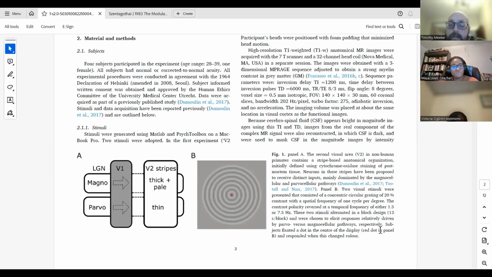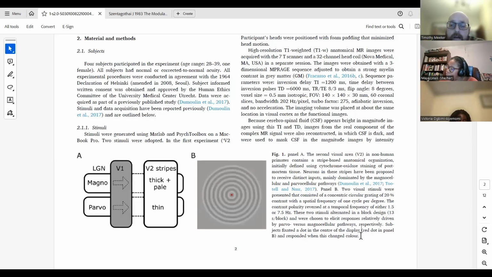And there's been an enormous amount of research on this. So we know what visual stimuli we can present to people that are going to elicit responses specifically in those neurons. So concentric circle gratings of either 20% contrast, the contrast polarity reversed at a temporal frequency of either 1.5 or 7.5 hertz. The two stimuli alternated in a block design, so a block design is where you're sort of maximizing your signal to noise if you have a simple paradigm, but it's not really realistic.